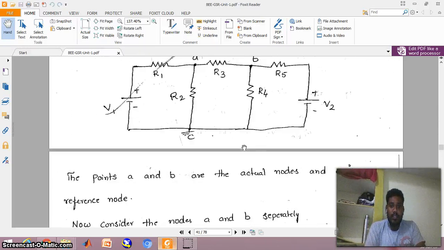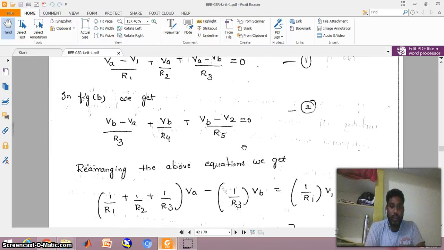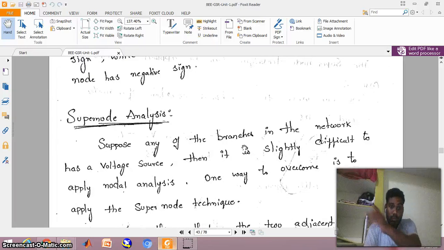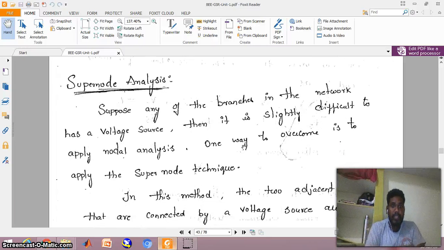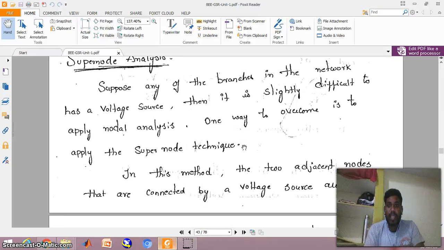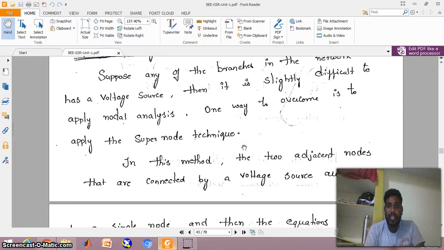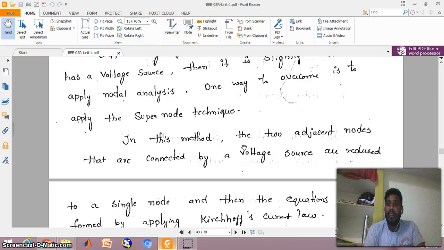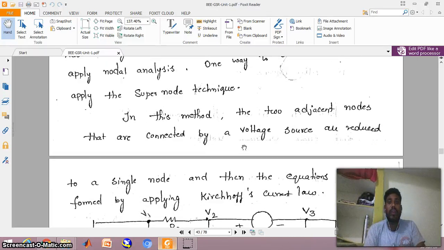Next, supernode analysis. Suppose any of the branches in the network has a voltage source, then it is significantly difficult to apply nodal analysis. One way to overcome this is to apply the supernode technique.